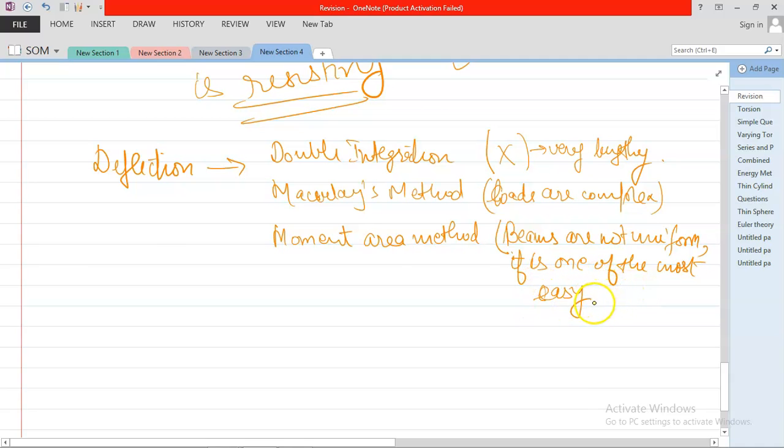Now I will give you an example with the cantilever beam, an easy method.